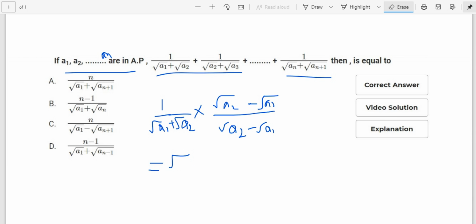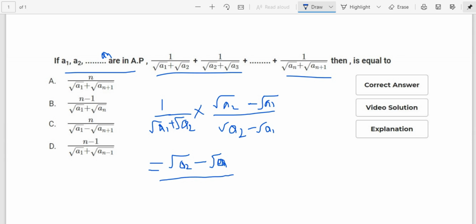Now if we rationalize this, it becomes root a2 minus root a1 divided by these two numbers multiplied, which becomes x square minus y square.